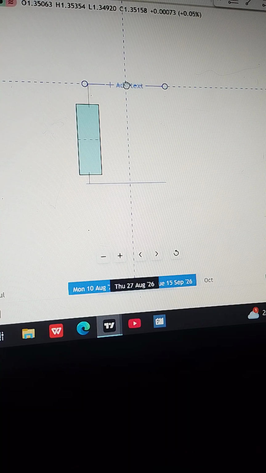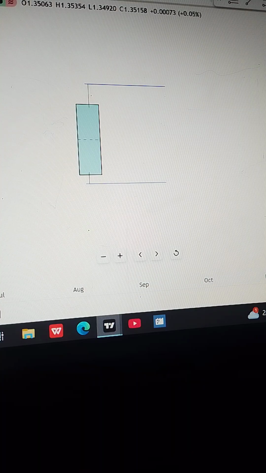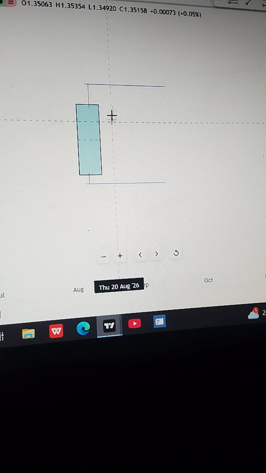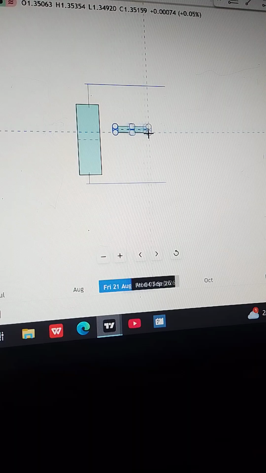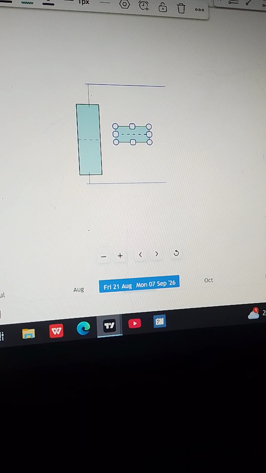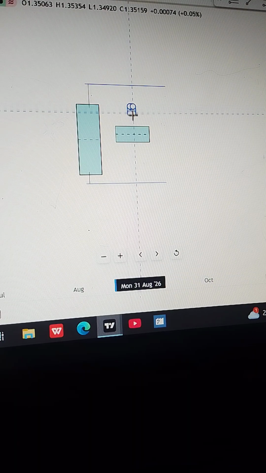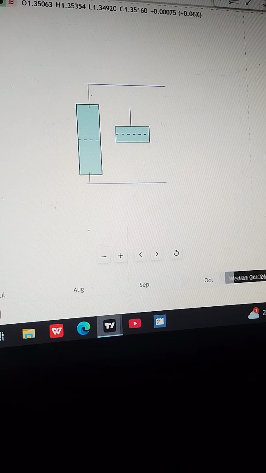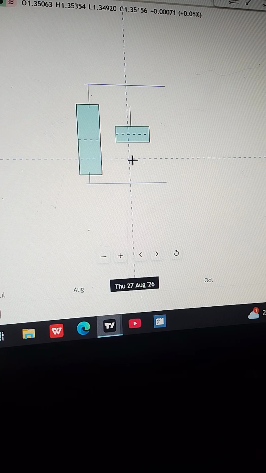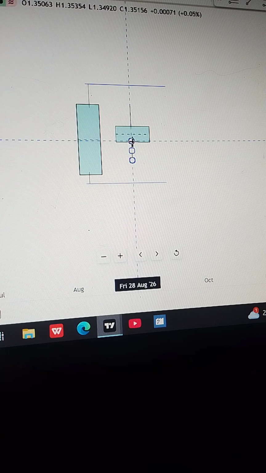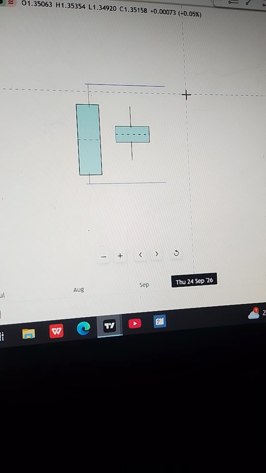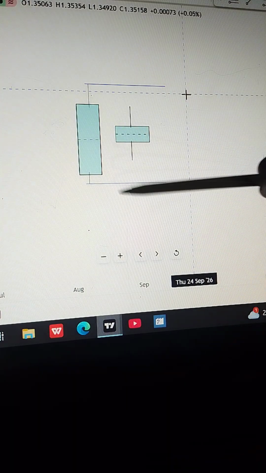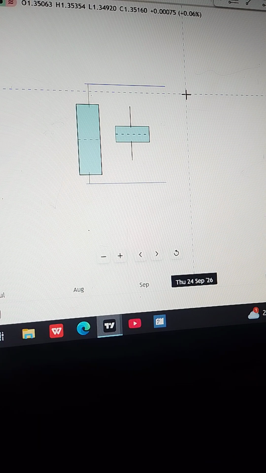But when you are analyzing your market, you find the next candlestick that was formed looks like this. It's simply a doji. When you find the next candlestick looks like this, it's always recommended not to take that trade.